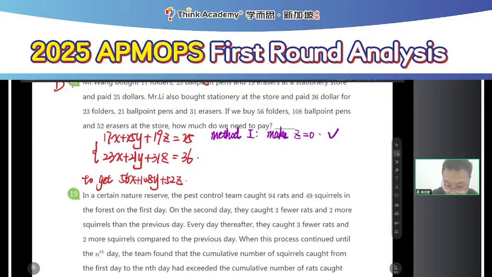And then method two, which is, as I say, the correct method. But this is something that a primary school student might not find easy to solve. We have equation 1, we have equation 2, and we want to get equation 3. We must find some way to make 1 and 2 into 3.